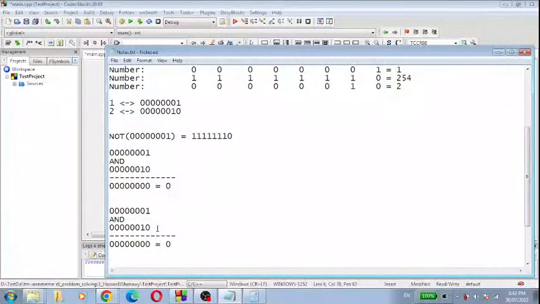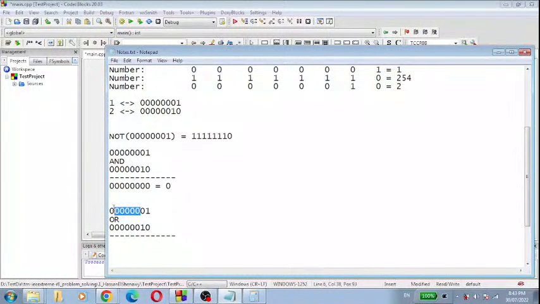Let's get the result here. A bitwise OR works bit by bit, which means this bit with this bit, then the next bit with the next bit, and the next bit with the next bit. That's called a bitwise operation. Okay, let's start.